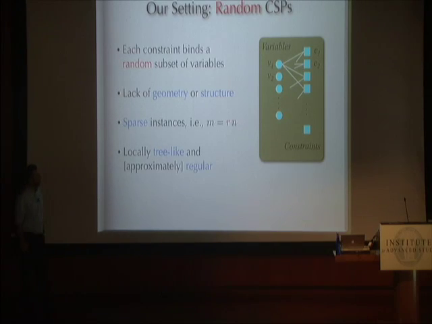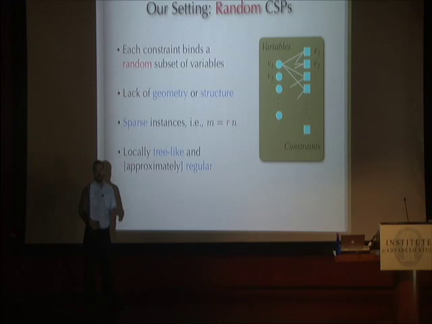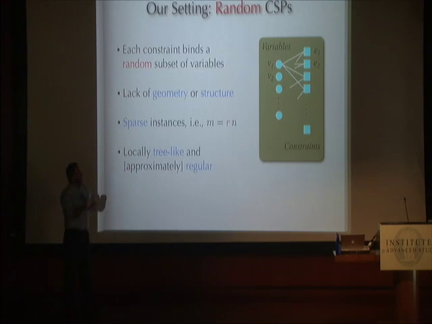Finally, just a technical point. We can also make these instances be biregular. So for example, if you wanted to look into the coloring of random regular graphs, what you make sure is that each edge of the graph, when you throw it as a half edge from the right side to the left, rather than having it land in a uniformly random variable, you just make sure that you hit each variable an equal number of times.